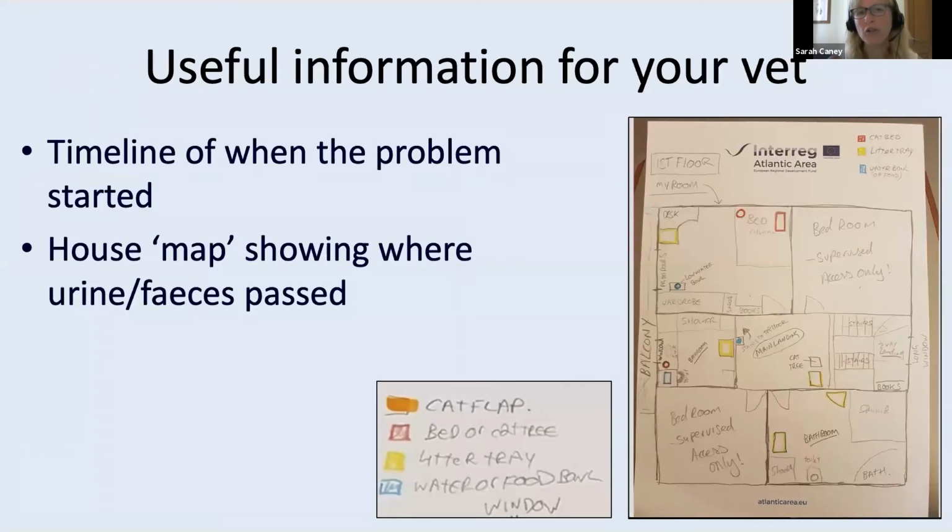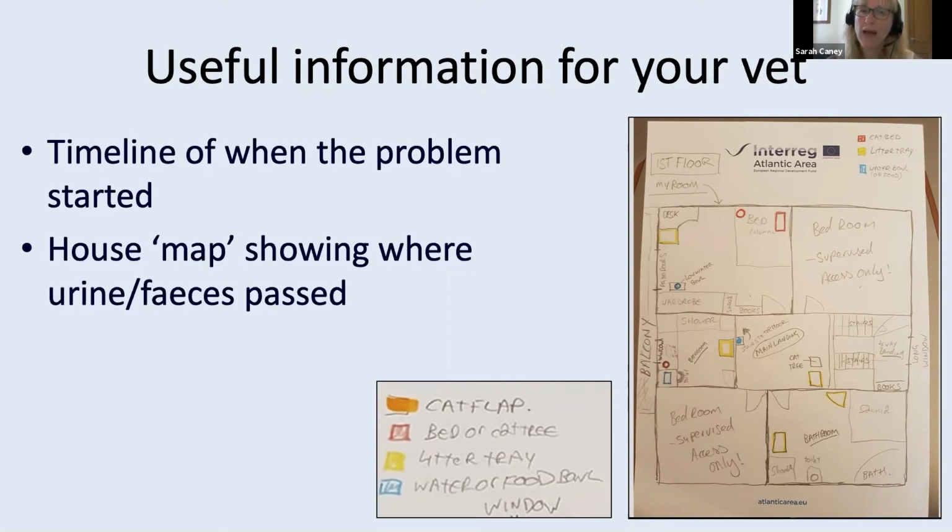So what can you do in terms of providing information that's useful for your vet and/or a vet behaviourist in these sorts of cases? Well, of course, it's really important to rule out medical causes of the problem first. But if you are going down a more behavioural route, then one or two useful things would be, firstly, to consider drawing a timeline of events.